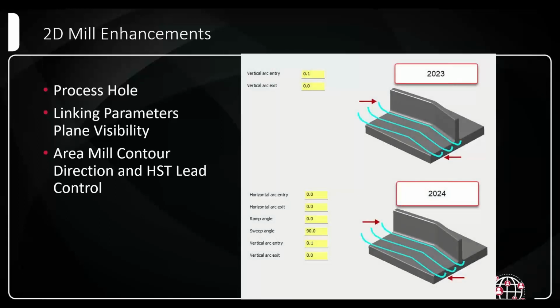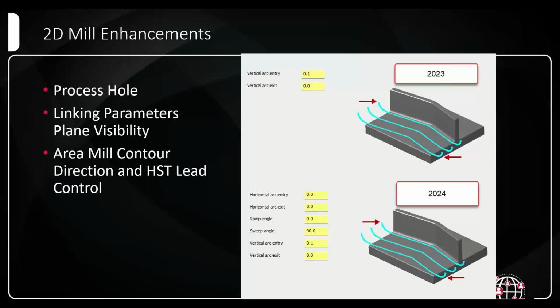So before, your HST leads was only limited to vertical arc entry, vertical arc exit. That's it. But now in 2024, we're getting kind of the same stuff we're used to seeing in the 3D side, where you can also get a horizontal arc entry, a horizontal arc exit, a ramp angle, a sweep angle, all that good stuff. You can see by default, it's going to zero out all of the horizontal arc entry and exit, ramp angle, sweep angle.